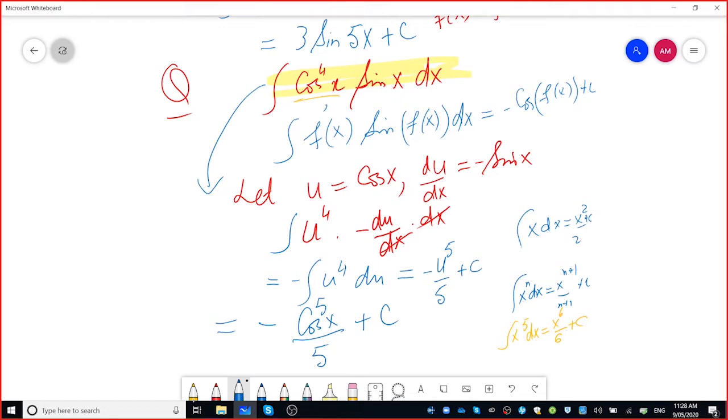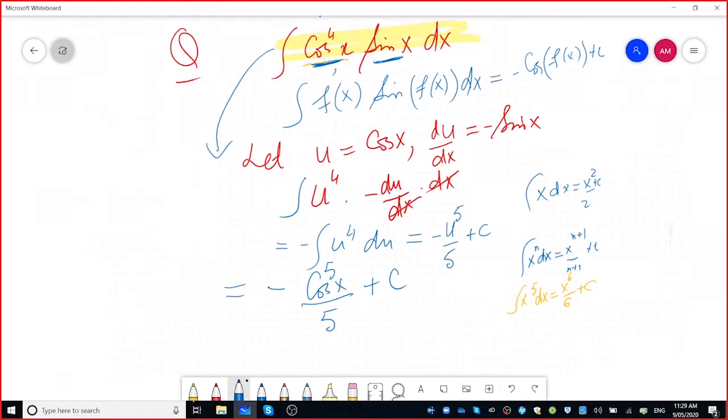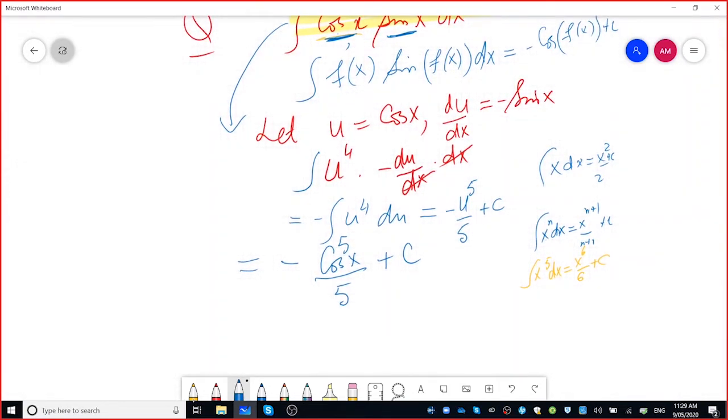Do you have some question with respect to this question? Yeah, so why is it that the sine x isn't in the answer? It is not in the answer because we saw this is our f(x) and this is our f bar x. So the question was, if you have a question like this, f(x) to the power of n times f bar x dx, what is the answer?